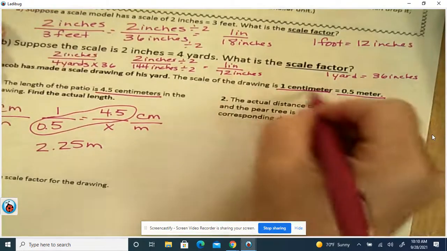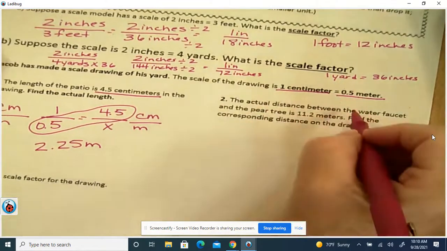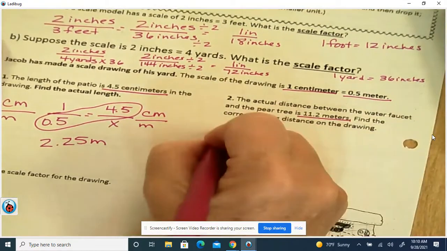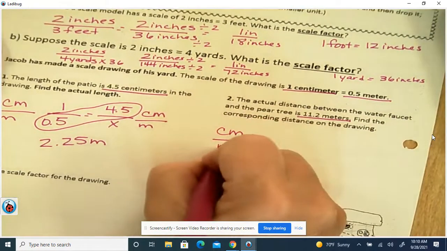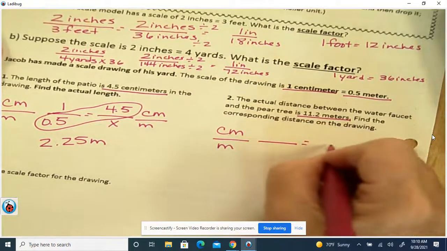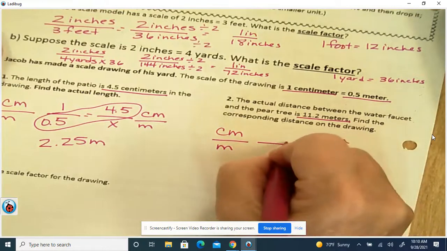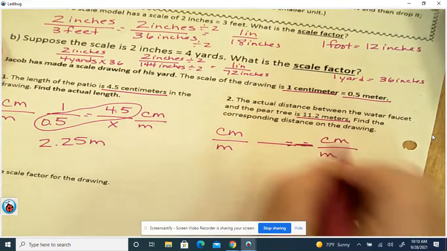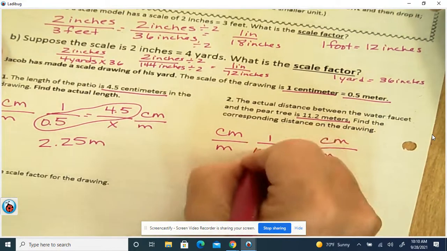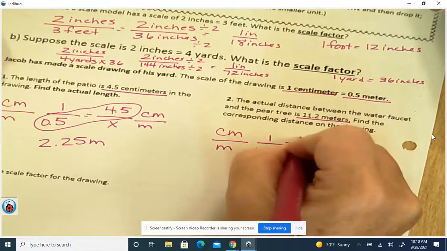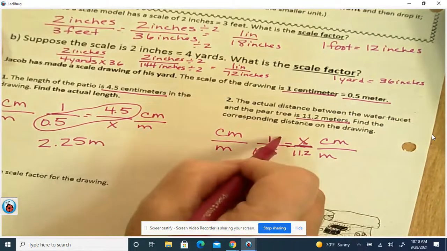Number 2, using the same scale, the actual distance between the water faucet and the pear tree is 11.2 meters. So we've got centimeters over meters, centimeters over meters. Let me put equals and draw a line there. So we've got 1 and 0.5, and then 11.2 meters would go on the bottom, and that would be x.